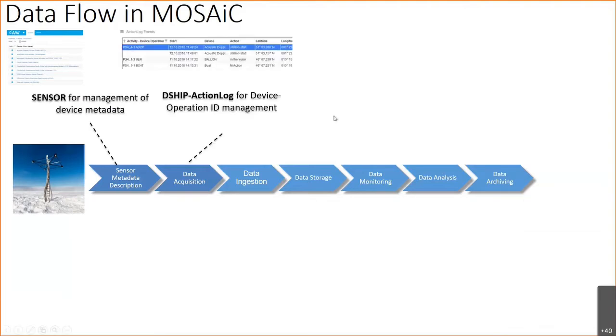In the next step, another component, the ship action log, is used during the expedition on the ship. And this interacts with the sensor. This is where the actual measurement actions are recorded and the IDs are created.